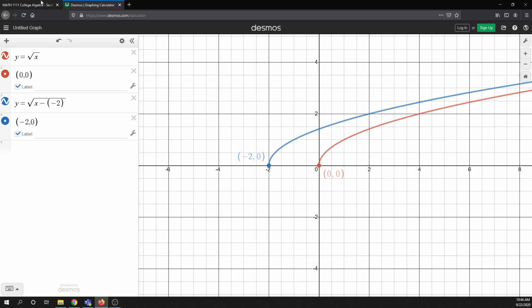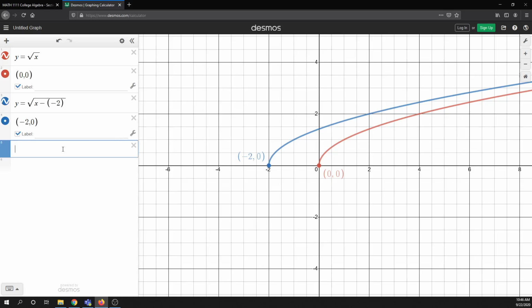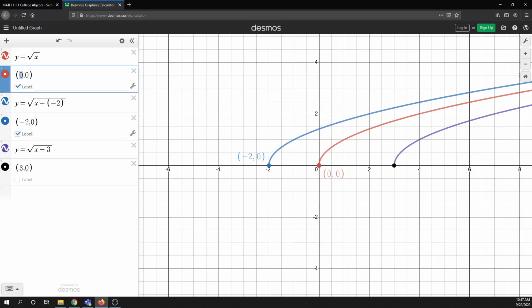All right, the next one was x minus 3. So if I do y equals square root of x minus 3, here I have replaced x by x minus 3. The k in this case would be 3. And what I would do in that case is add k, the pointwise effect, to the x coordinate.